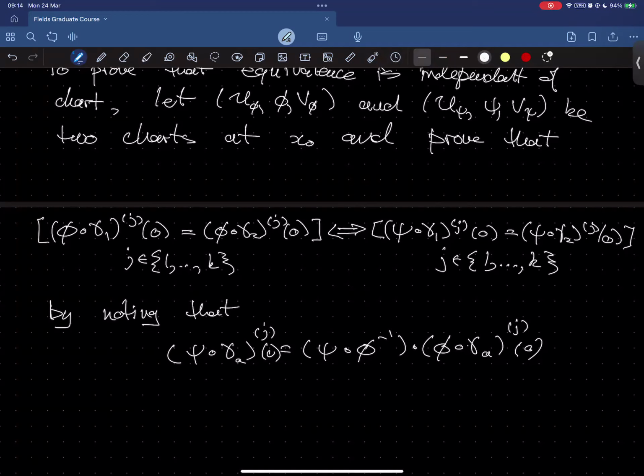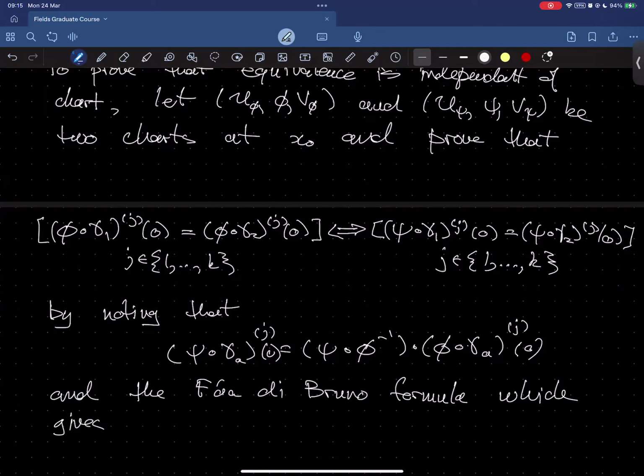That formula is really the so-called Faà di Bruno formula, which is the formula for the derivative of a composition of mappings. I'm not going to write it out explicitly, I'll just tell you what it looks like.